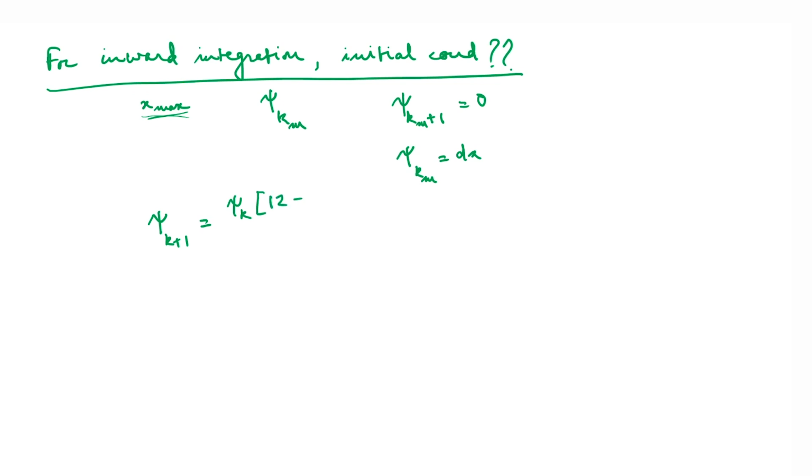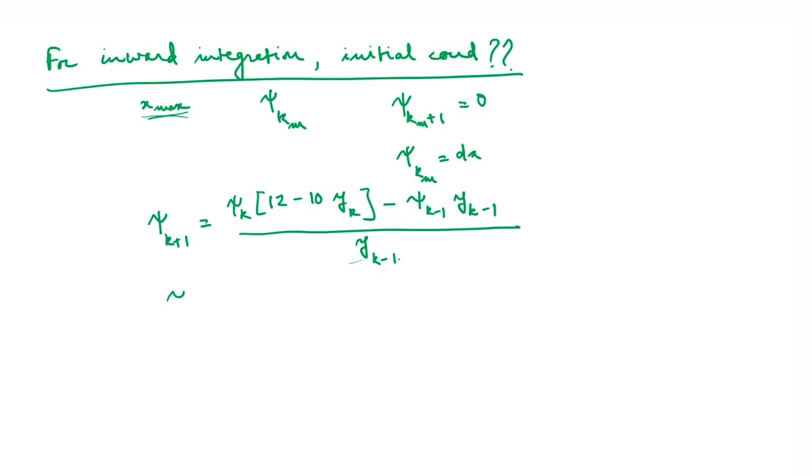This is my Numerov equation, which I have been using for my outward integration. Now I will rewrite this in terms of y k minus 1. I will take this to the left hand side, then bring this product to the right hand side and this to the left hand side.